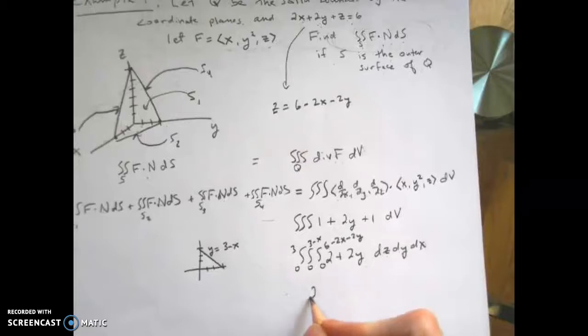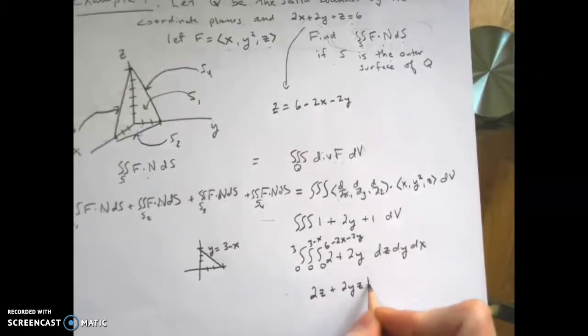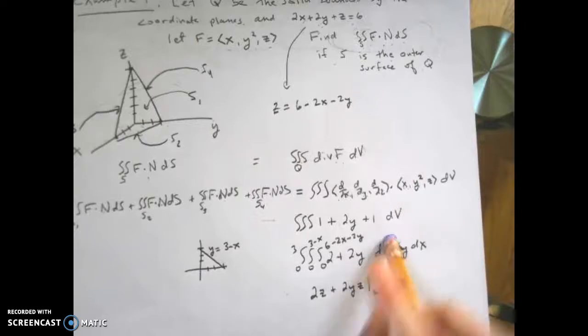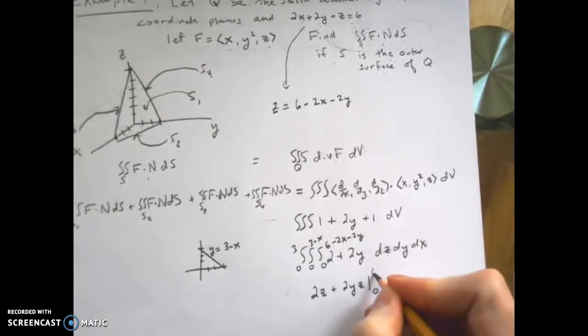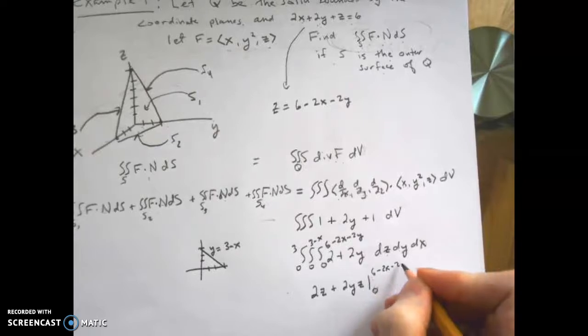So you've got 2z plus 2yz as z goes from 0 to 6 minus 2x minus 2y.